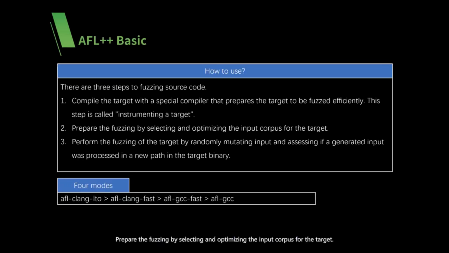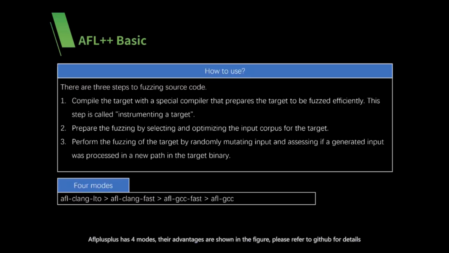Second, prepare the fuzzing by selecting and optimizing the input corpus for the target. Third, perform the fuzzing of the target by randomly mutating input and assessing if the generated input was processed in a new path in the target binary.